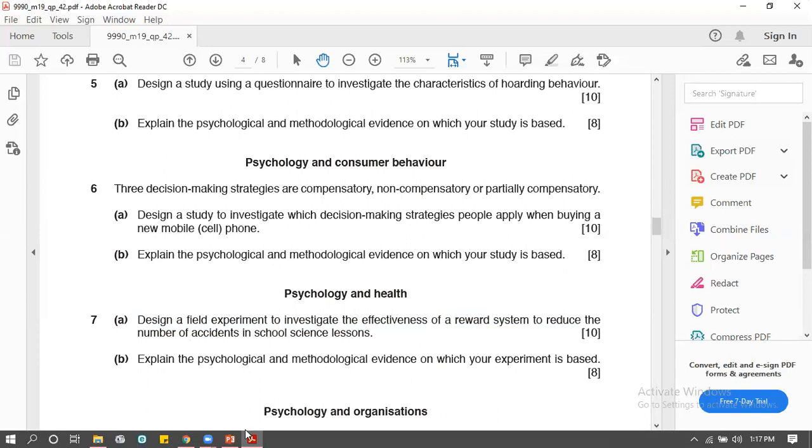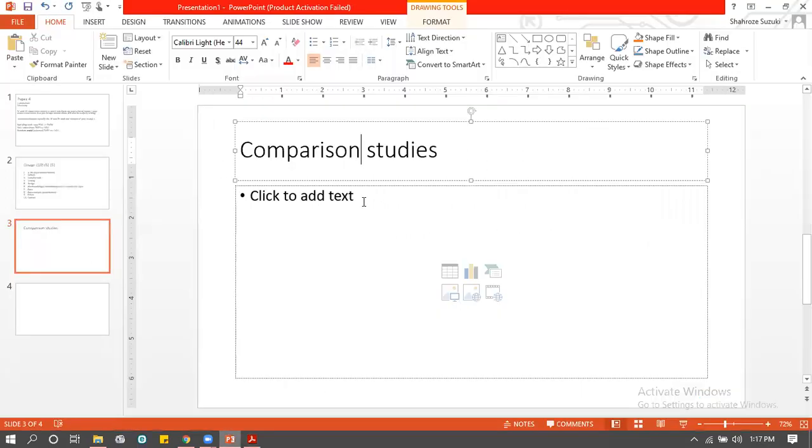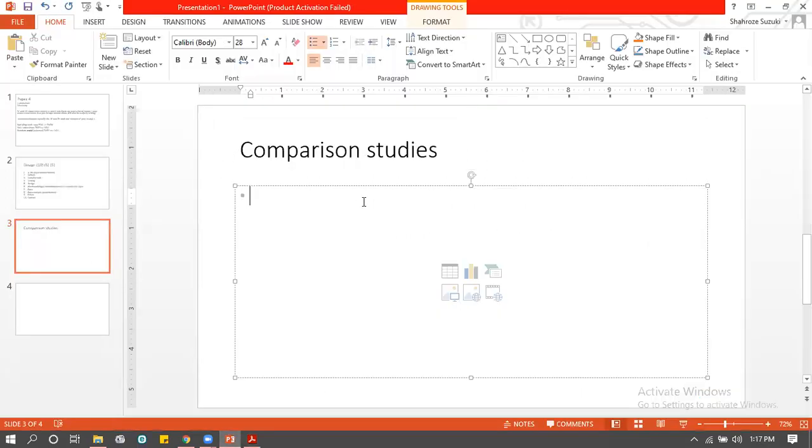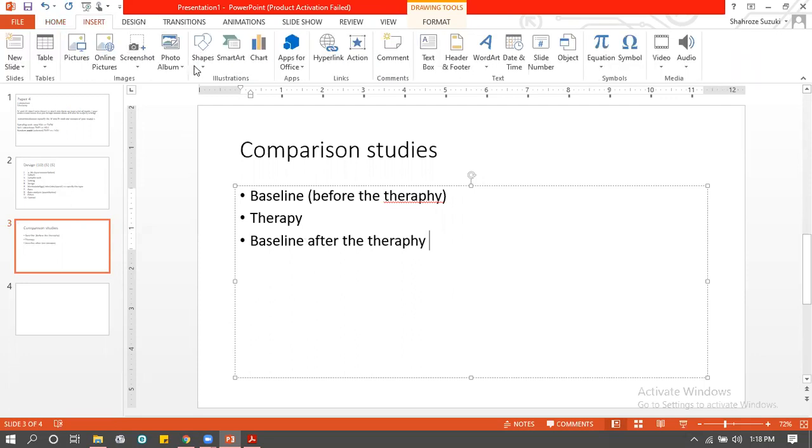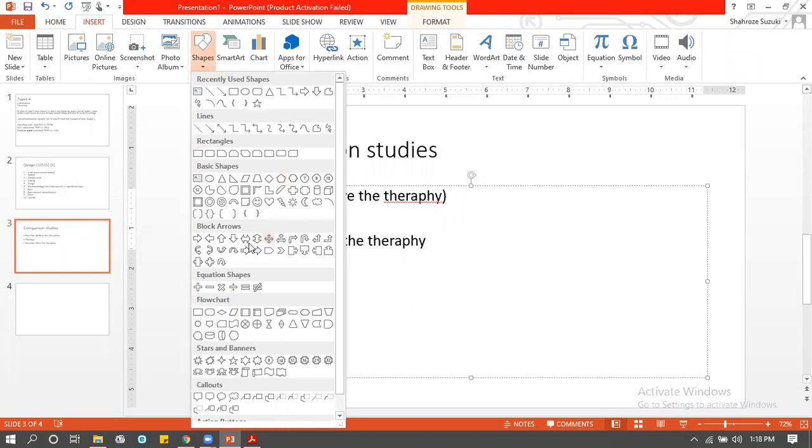Now, when you need to find effectiveness, you need to have a baseline before the therapy. Then you give them the therapy, the therapy process. Then you need to find the baseline after the therapy. So basically what you're doing is going to be a comparison, but the comparison is going to be between before and after.